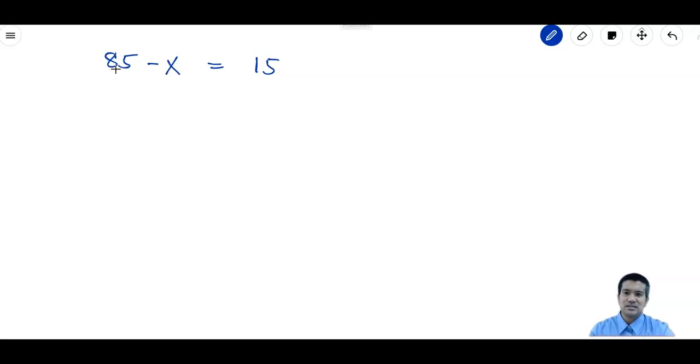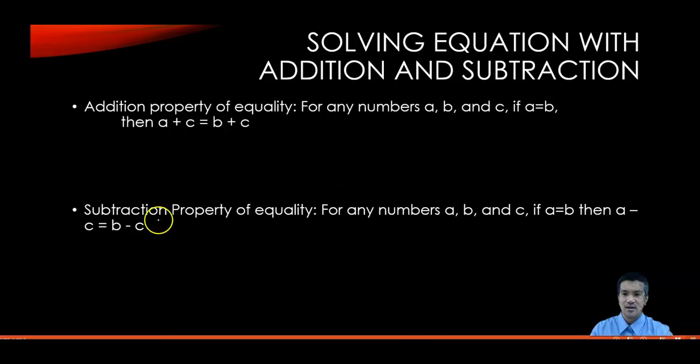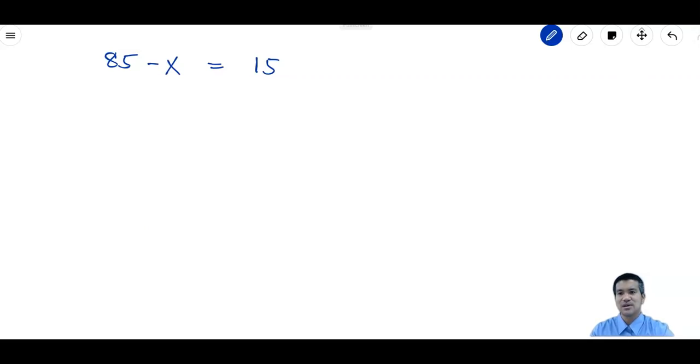So in subtraction, as we discussed, we have properties here. It says that the subtraction property of equality: for any numbers a, b, and c, if a and b are equal, then a minus c equals b minus c. So therefore we will have now to subtract the same value here and on this side.